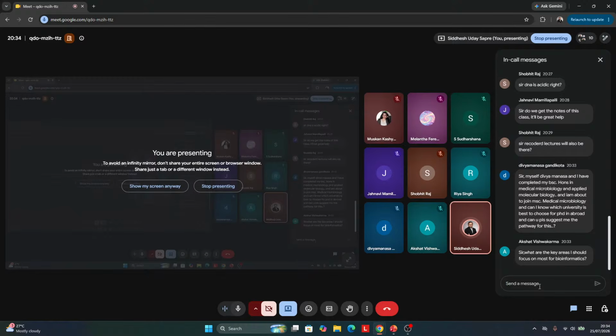Divya, what you need to essentially find out is what you want to pursue your PhD in. Of course, this is a very broad topic which can be discussed in detail. But to give you an answer briefly, you need to figure out what you want to do in your PhD, because there is no generalized PhD. A PhD is going to be very specific. So the first step is to figure out what topic actually intrigues you. Find out the places or universities where the topic of your interest is available, and after that you should approach that particular professor.